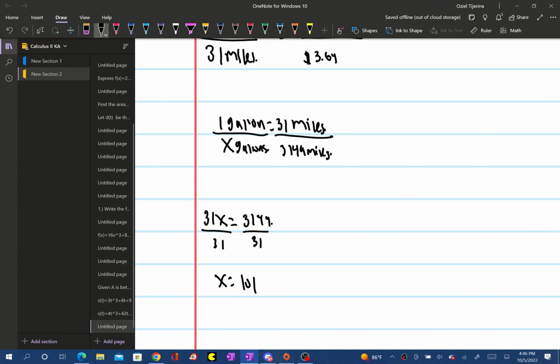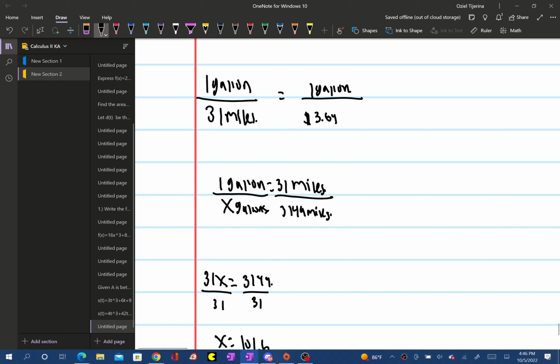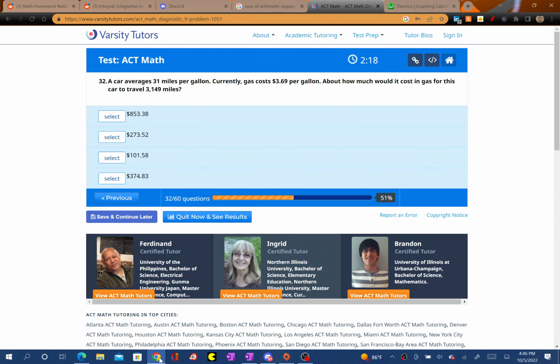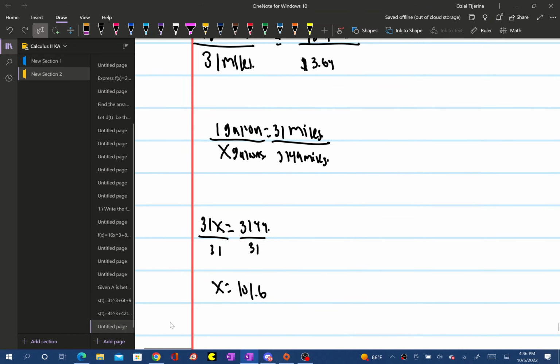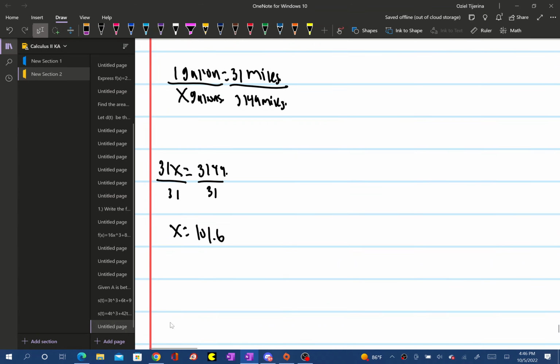And it's asking how much would it cost in gas for this car to travel. So it'd be about 101.6 gallons.